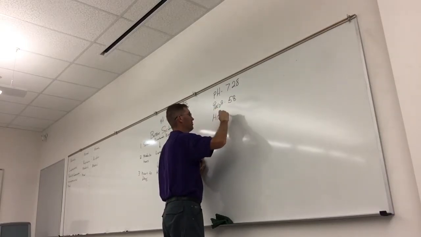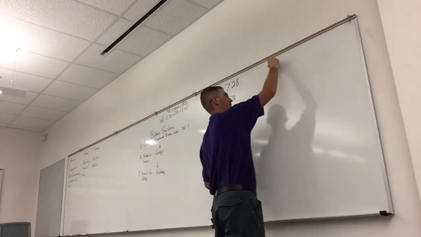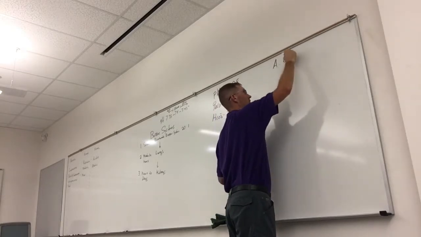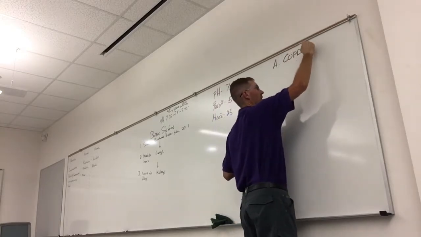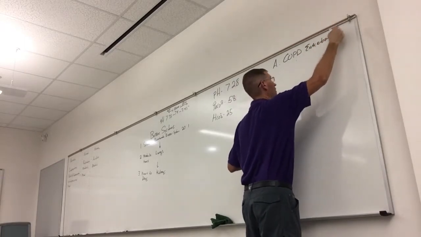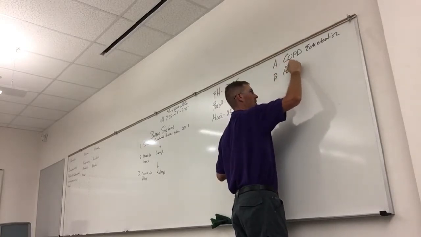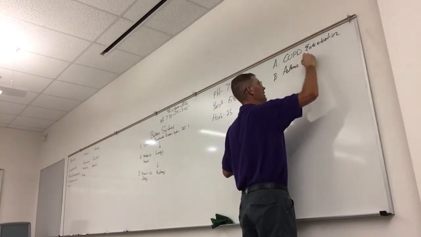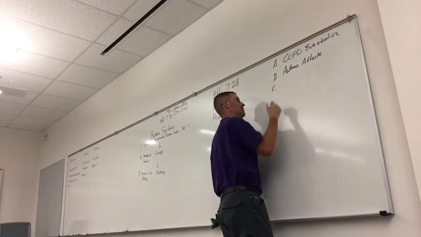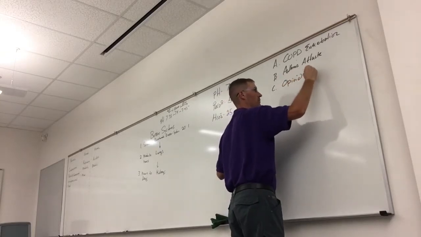Condition A is going to be a COPD exacerbation. Condition B is going to be an asthma attack. Condition C is going to be an opioid overdose.